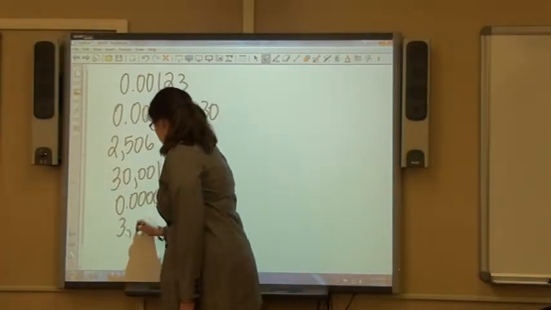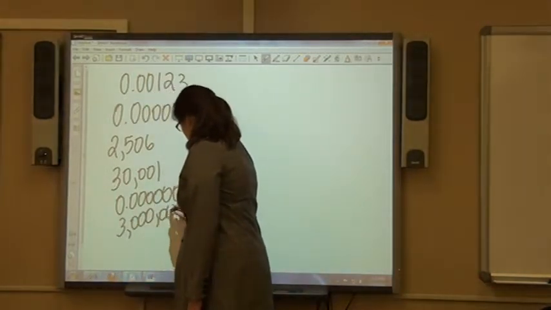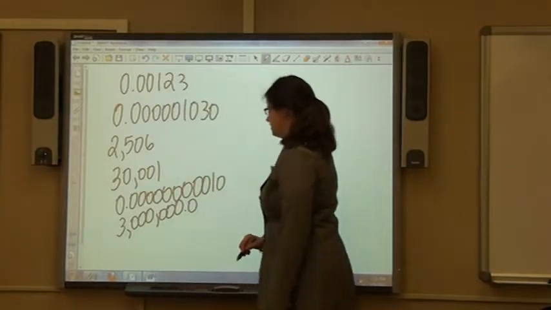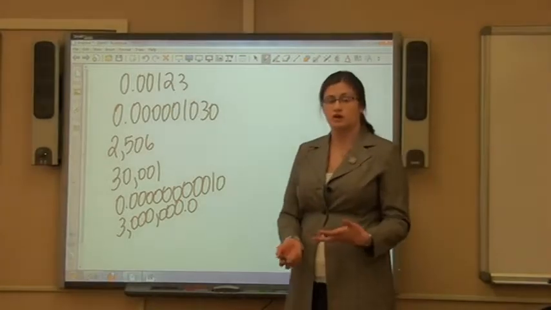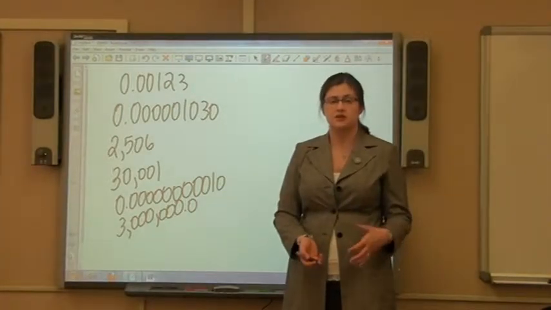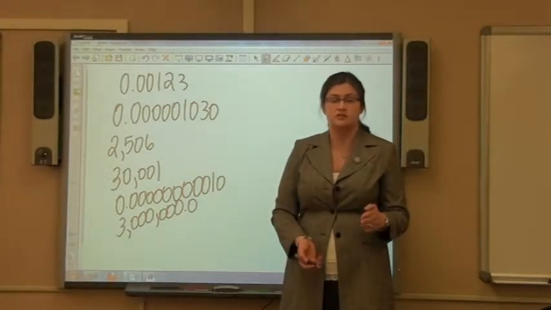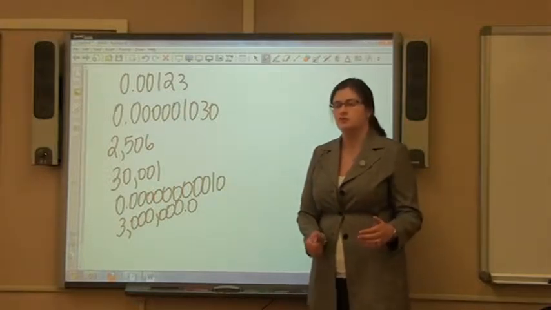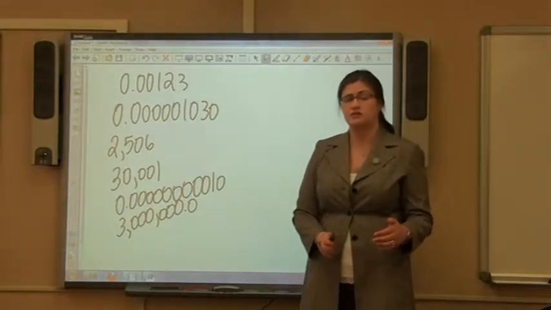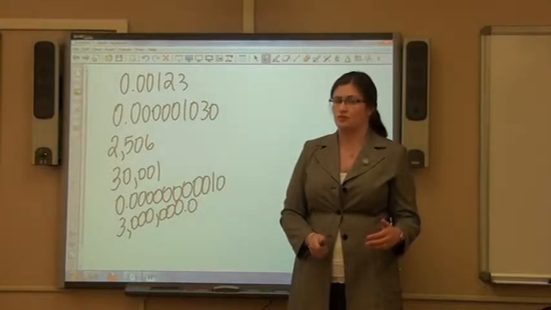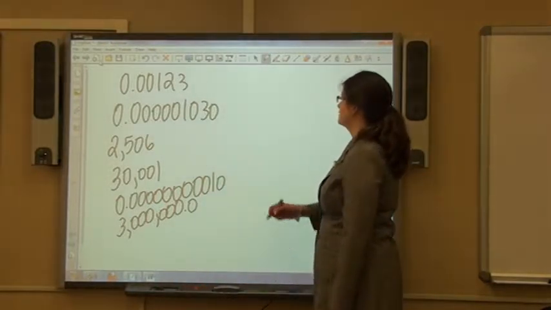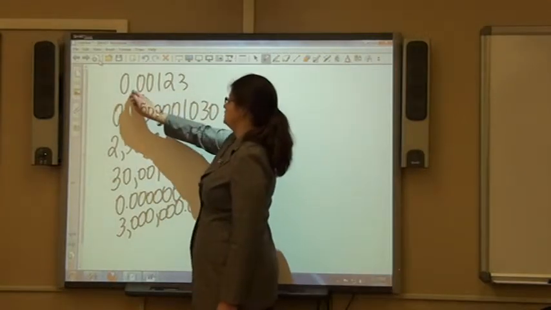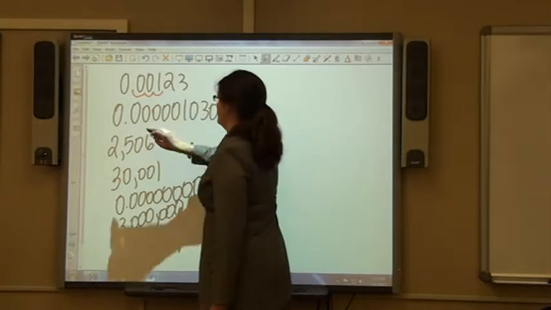And we'll do a very big number. 3 million. Okay, I want you to pause it, practice writing all of these numbers in scientific notation, and then resume when you have answers for all of the problems. If you don't write down your own answers for all of the problems, you might not know where you're going wrong.